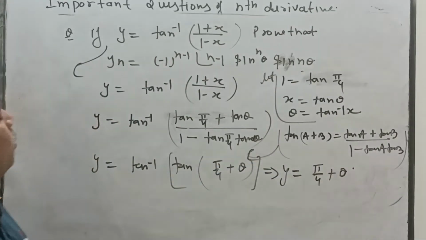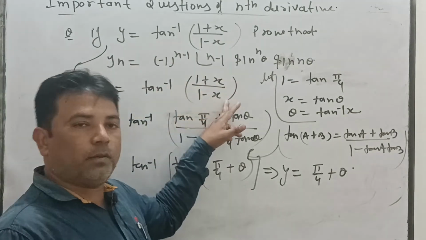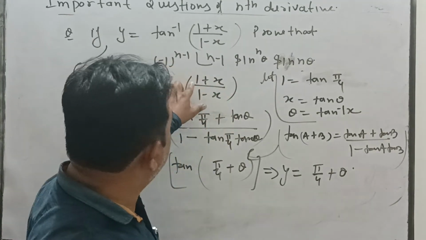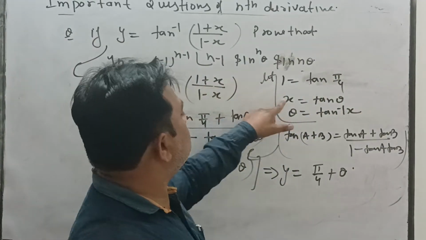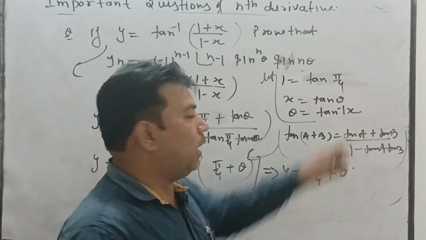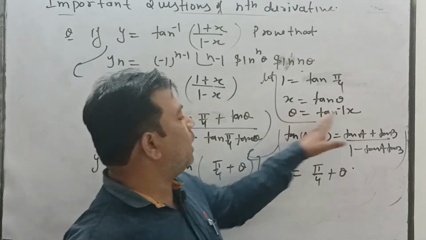I again repeat this question. y equals tan inverse of (1 plus x) upon (1 minus x). We write tan pi by 4 in place of 1 and tan theta in place of x, so theta equals tan inverse of x.